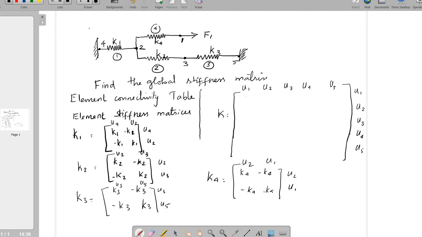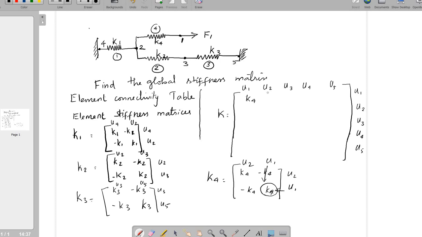U1 horizontal, U1 value intersects at the stiffness constant of K4. So U1 U1 is K4, and we can mark it here as K4.